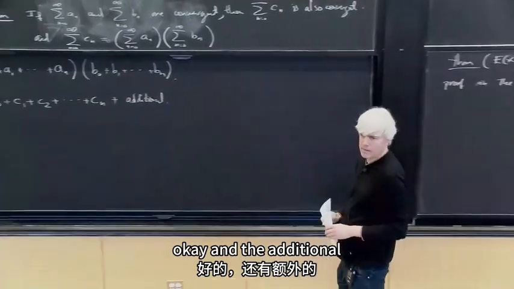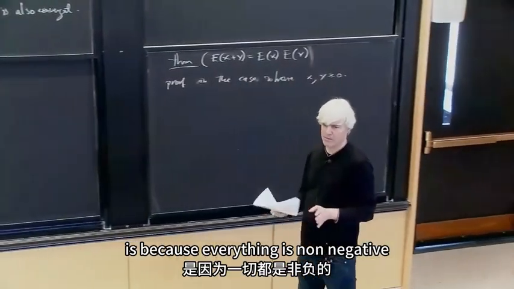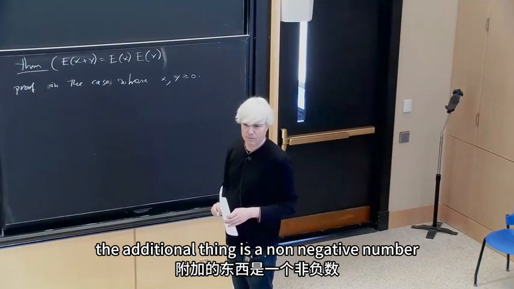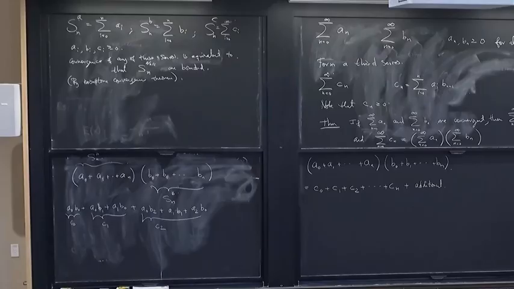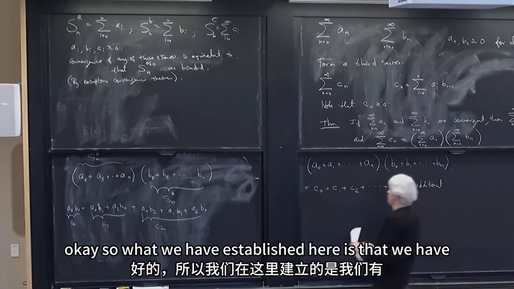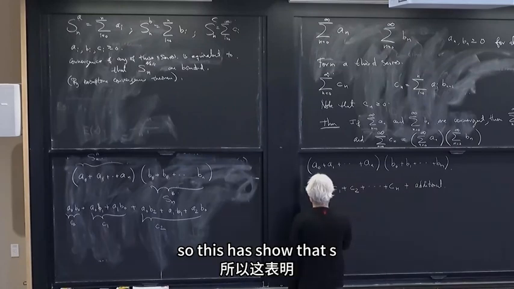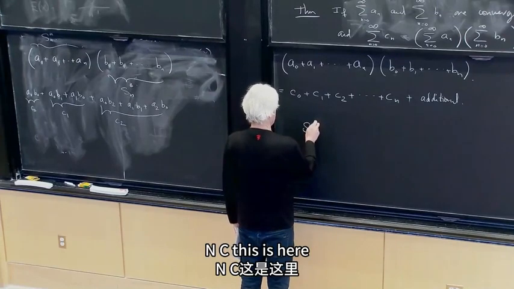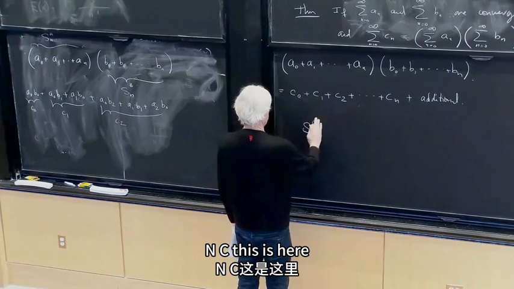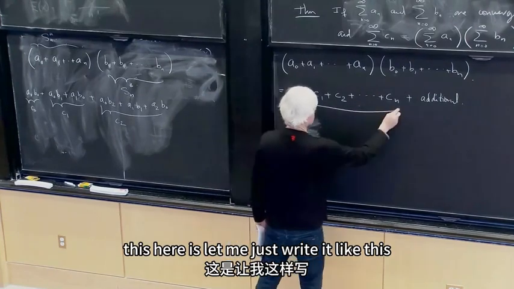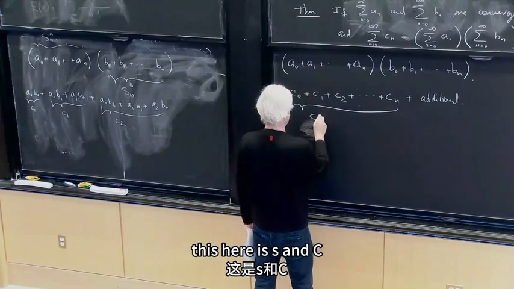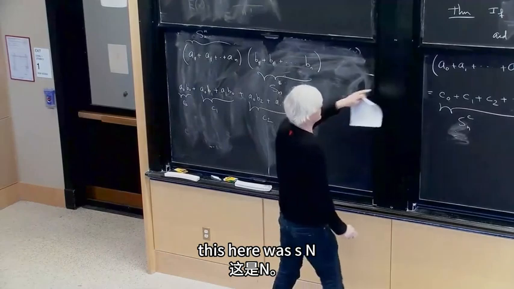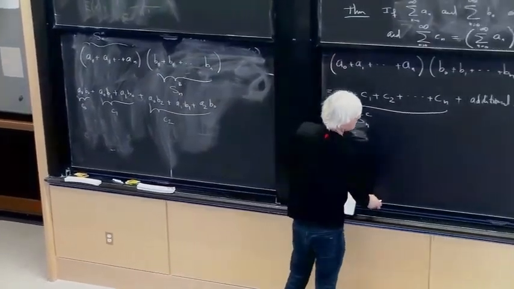And because everything is non-negative, the additional thing is a non-negative number. So what we have established here is that this here is SNC, and this here was SN.